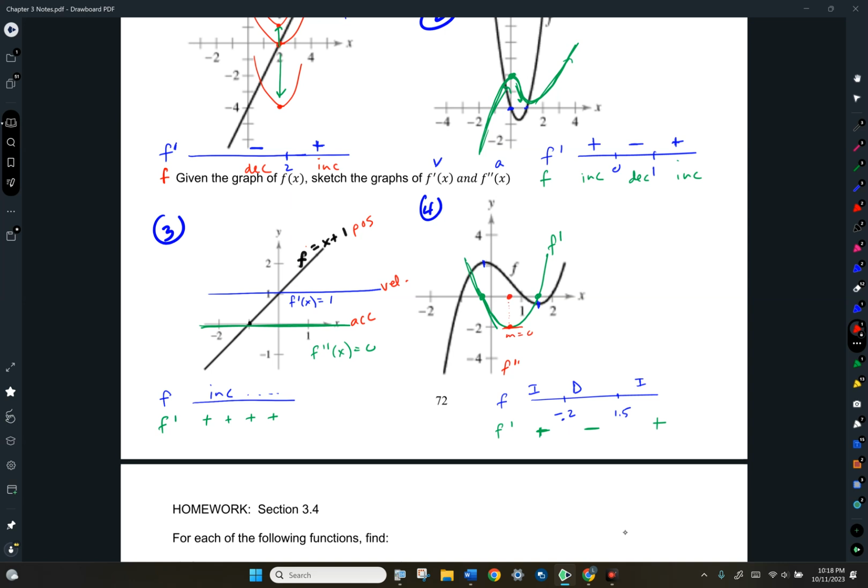And notice that the first derivative to the left of that point is decreasing. That means my second derivative is below. And then my first derivative switches to increasing. Doesn't that mean that its derivative is positive? So again, this is hard to pick up a lot of times, and we're going to do a lot of practice with this. So if this is still kind of confusing, don't worry about it. Just do your best. We'll just keep practicing that.